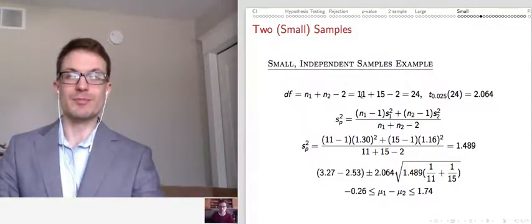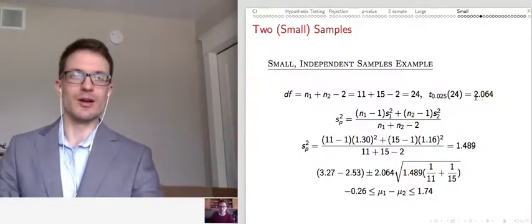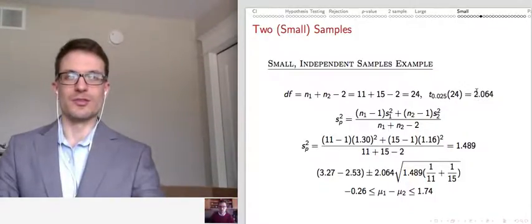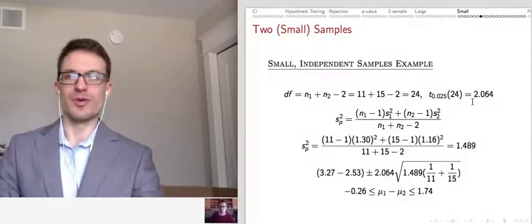Well, we have 11 plus 15 minus 2 is 24 degrees of freedom, which picks out this particular t-distribution associated with 24 degrees of freedom, meaning that our critical value at this level is going to be 2.064. Our pooled estimator is going to give us 1.489.